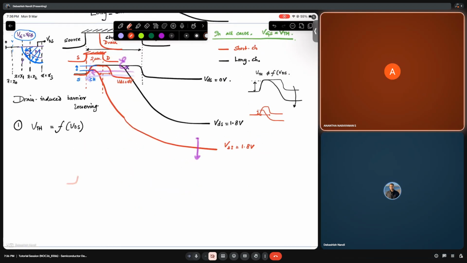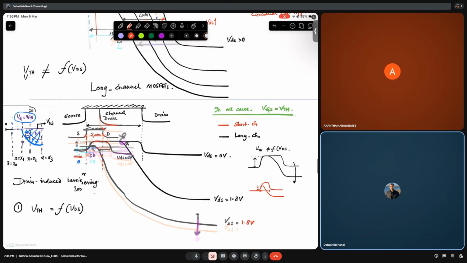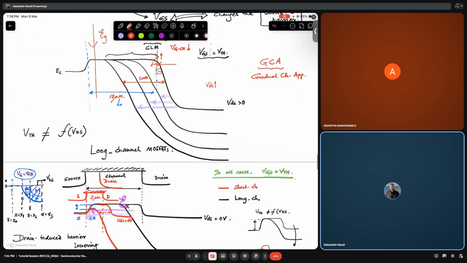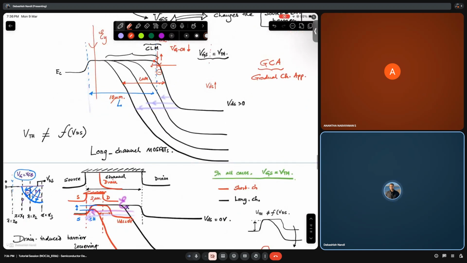Okay, now let's say this is one case. Let me explain it in the long channel case only. In the long channel case, is it pulling down the barrier here?